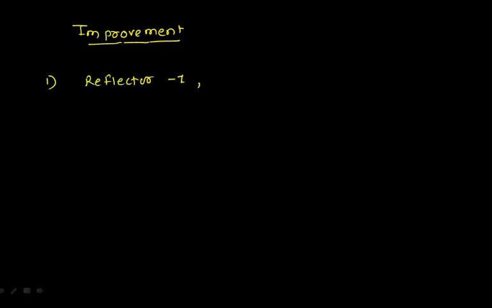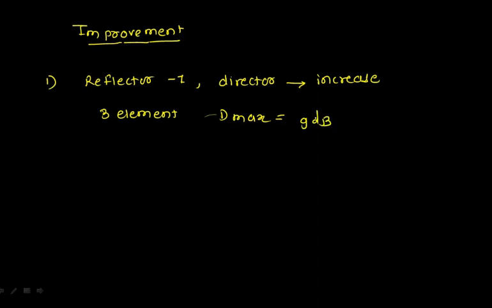Now further, if you increase the directors, there will be an enhancement in the directivity. For the 3 element Yagi-Uda antenna we observed Dmax equal to 9 dB, but if you increase that to 5 elements, your Dmax will be 15 dB.